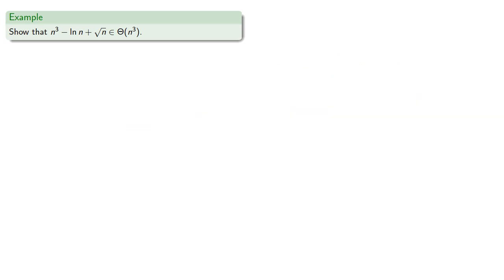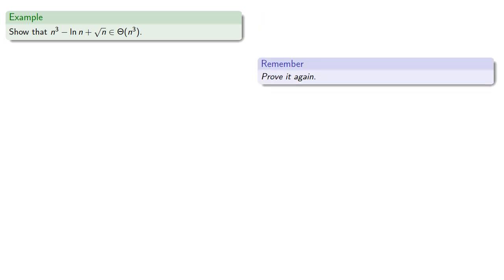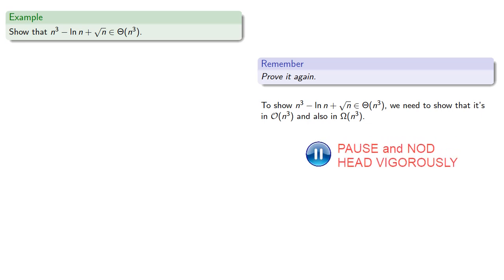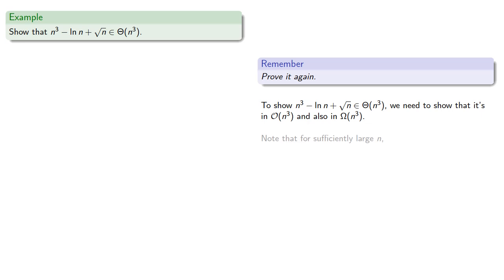So a useful thing to do when you're trying to learn new material is to prove it again. To show that n cubed minus log n plus root n is order n cubed, we need to show that it's both big O of n cubed and omega of n cubed. And note that for sufficiently large n, n is greater than log n, and n is greater than square root of n.